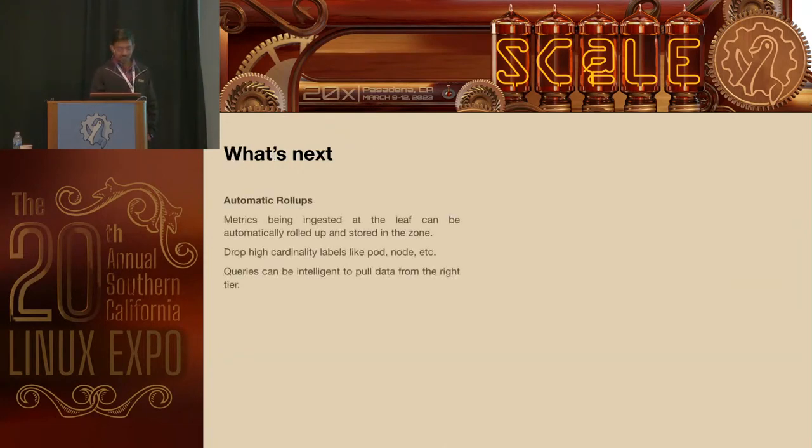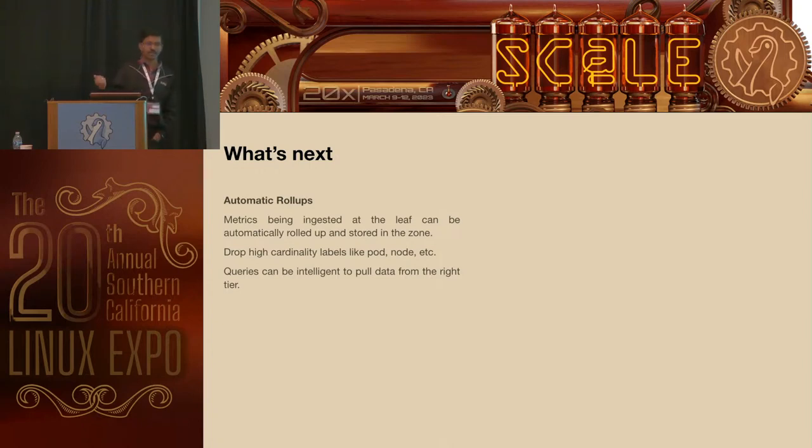So what's next? One of the things that we are actively thinking about is to introduce the concept of automatic rollups. So right now, what happens is when data moves from the leaf to the zone, you need to set up your own recording rules to do the rollup. And I mentioned earlier that the raw data is rarely ever queried.